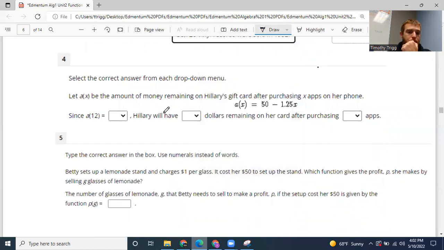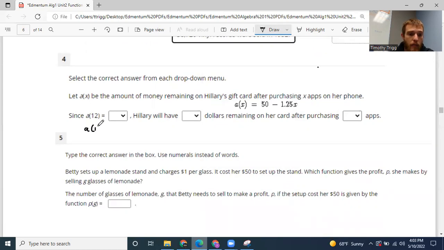Number 4. Let A of X be the amount of money remaining on Hillary's gift card after purchasing X apps on her phone. A of X equals 50 minus $1.25 times X. In other words, each app costs $1.25 here. To find A of 12, replace X with 12.